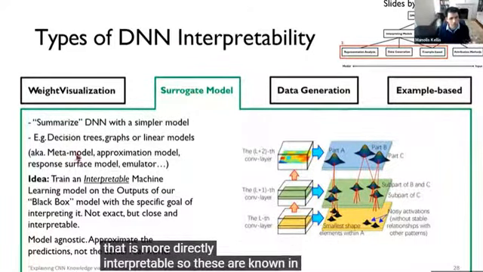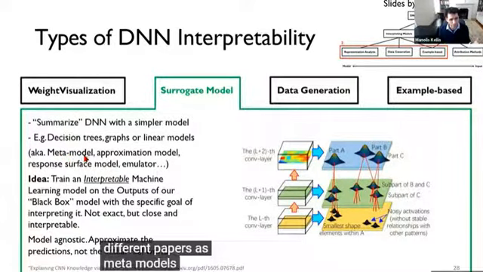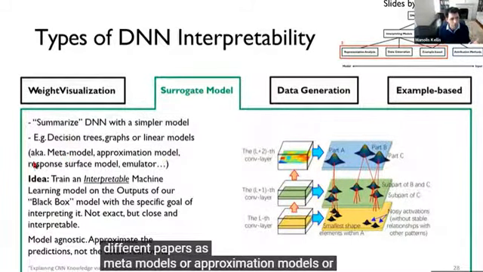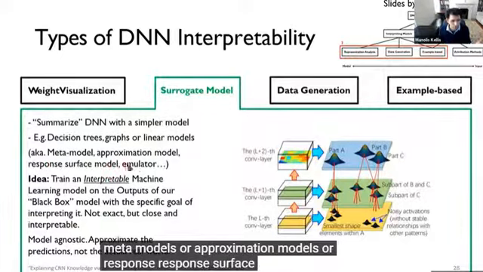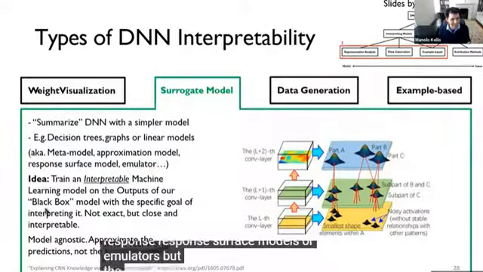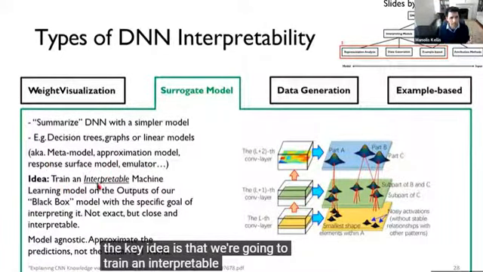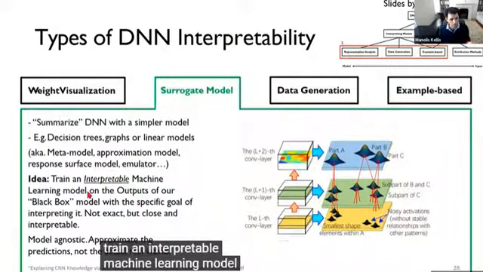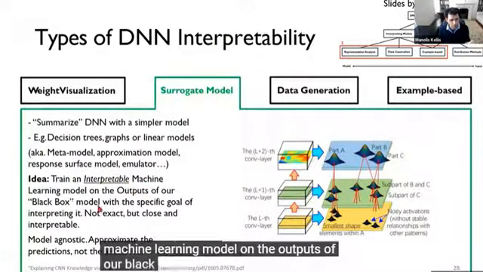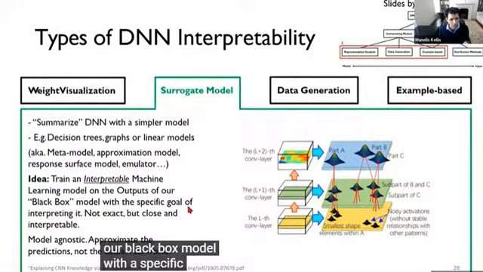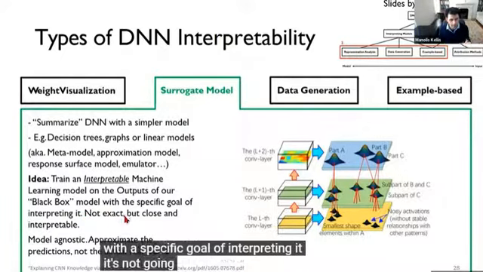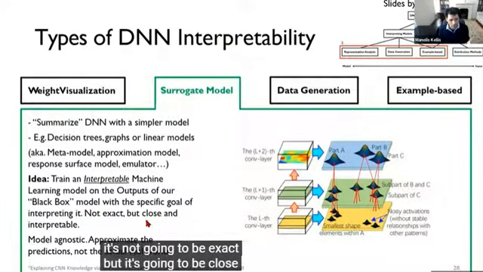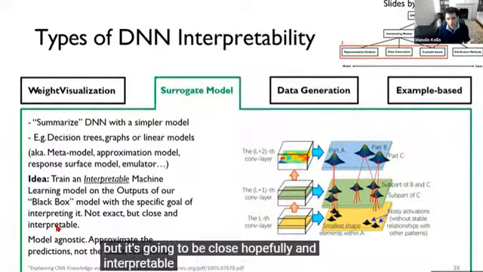These are known in different papers as meta models or approximation models or response surface models or emulators. But the key idea is that we're going to train an interpretable machine learning model on the outputs of our black box model, with a specific goal of interpreting it. It's not going to be exact, but it's going to be close, hopefully, and interpretable, certainly.